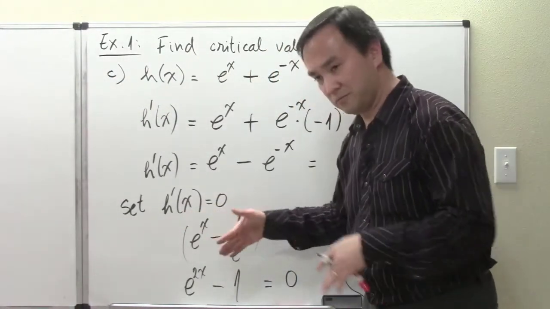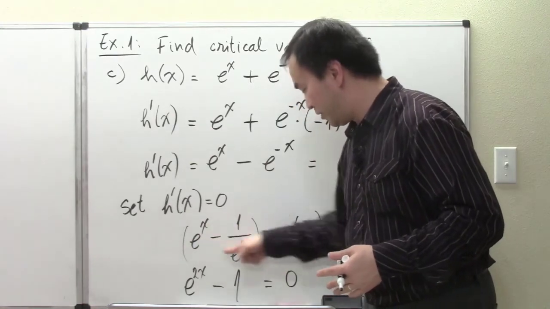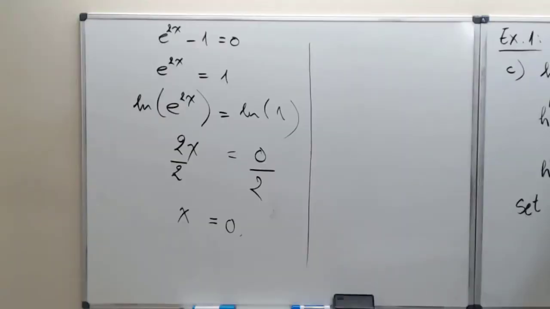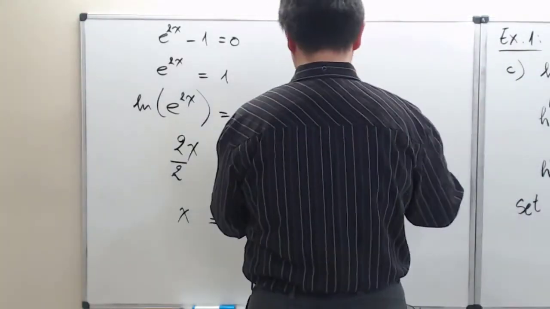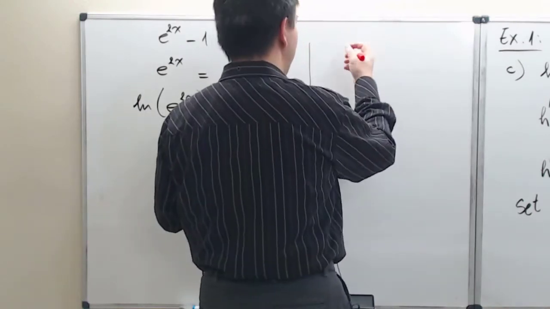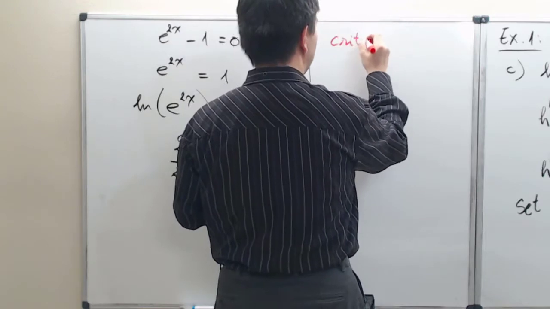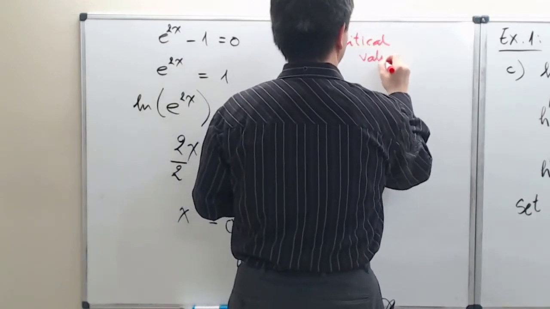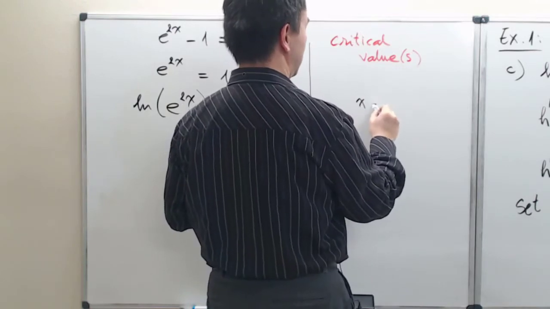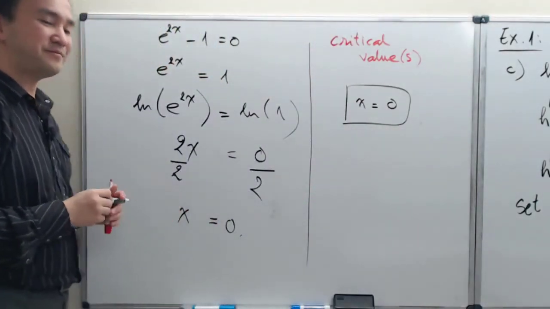So this e to the x minus 1 over x will equal 0 when x equals 0. So as far as the critical value we found, this is the only one, and we don't have any undefined value. As far as critical values, we only have one this time, x equals 0. That's our final answer for that.